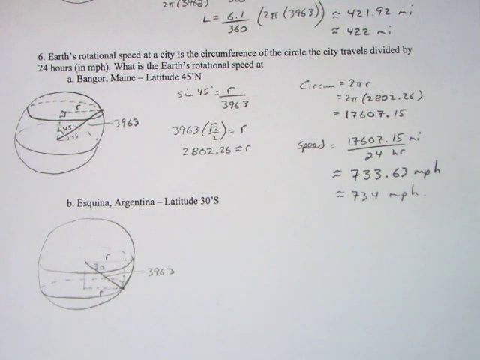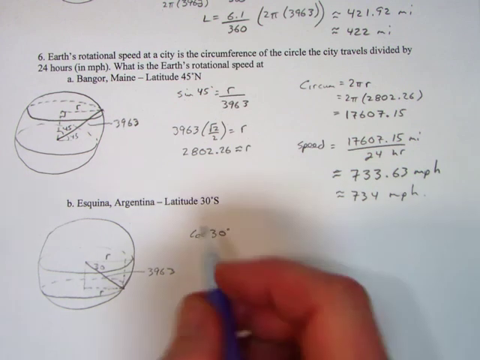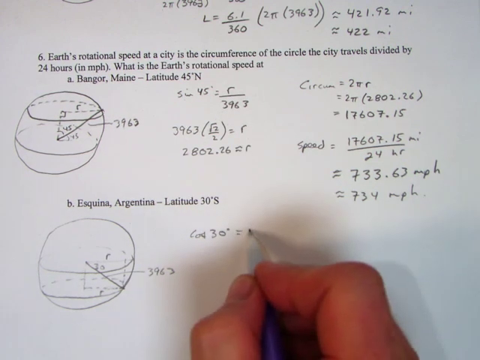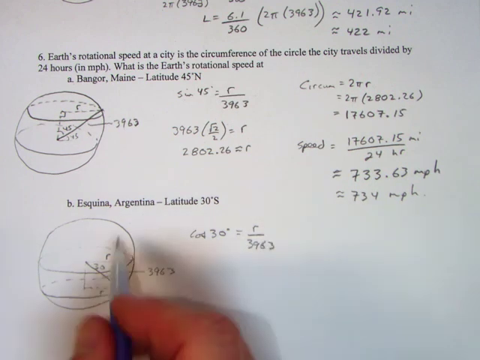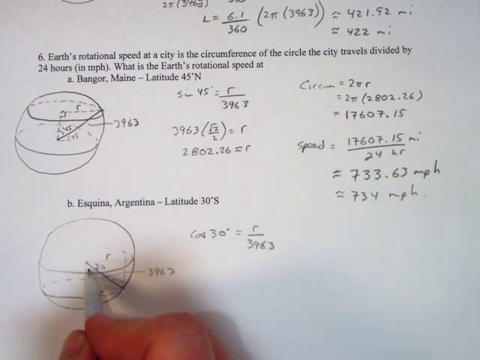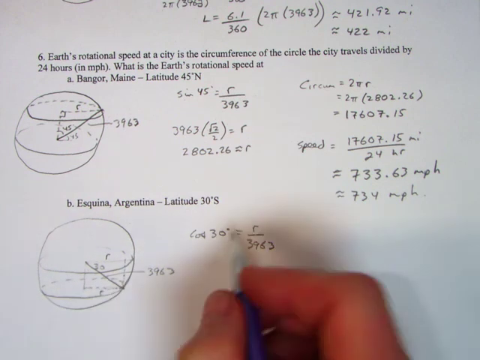So this time what I could say is the cosine of 30 degrees equals the adjacent R over 3963. If I did it like I did the first one, this would be 60 degrees, so I would say the sine of 60 degrees equals opposite over the hypotenuse.